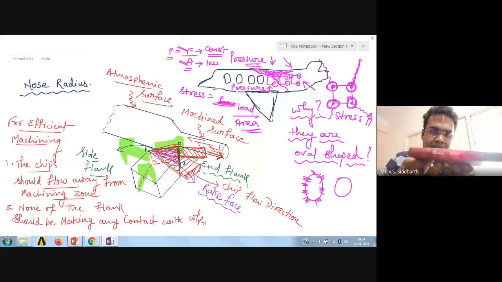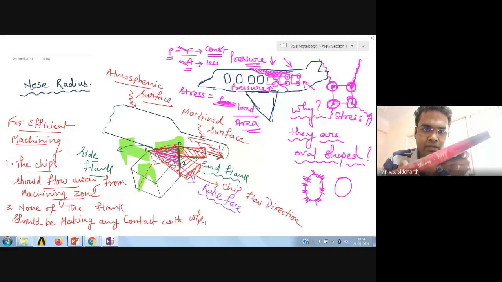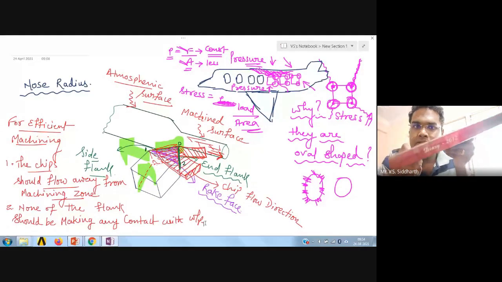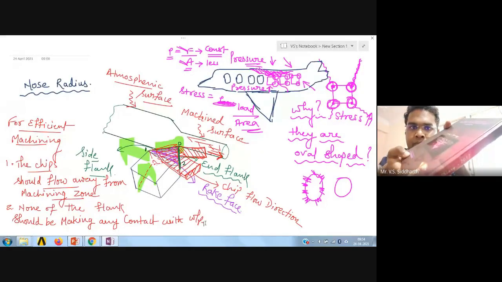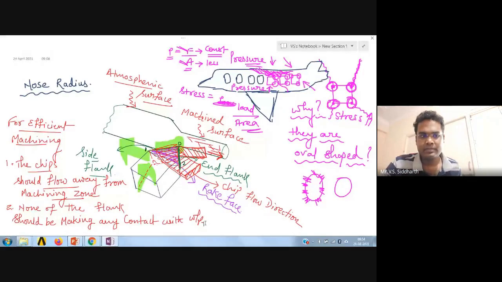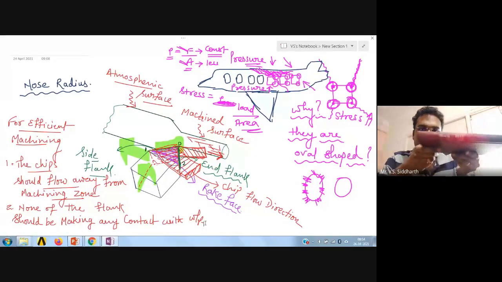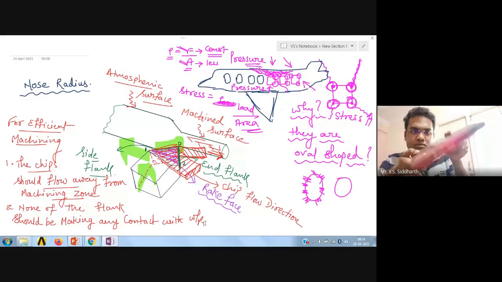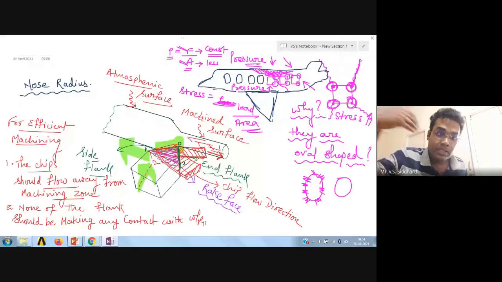Think that this is a rake surface. I have given a backward slope and I have given a sideward slope. Can I give any other slope other than these two? After giving the backward slope and the sideward slope, can I give any third slope?